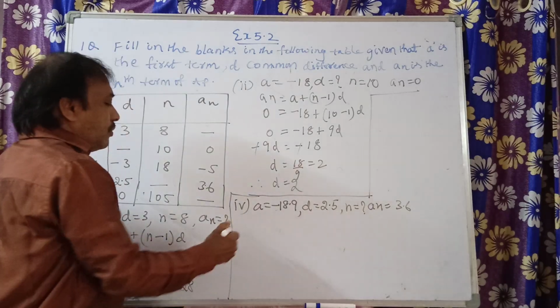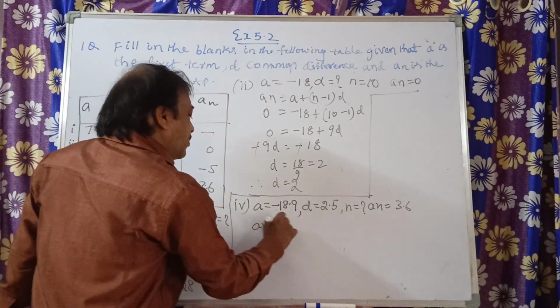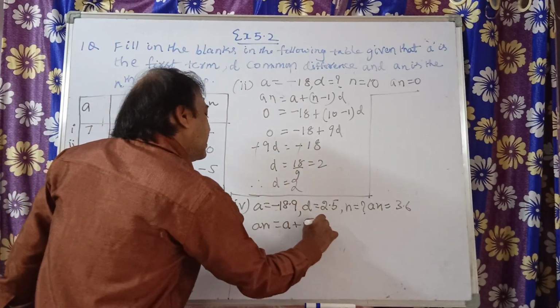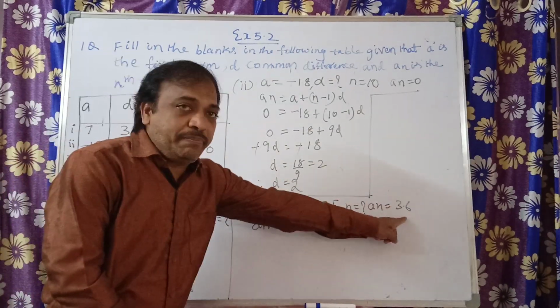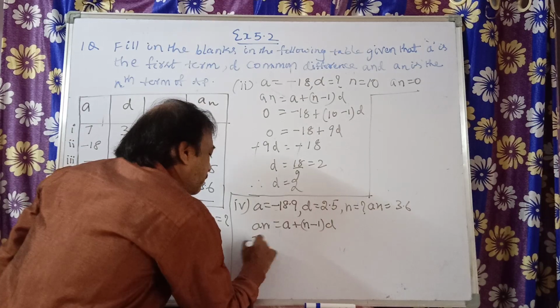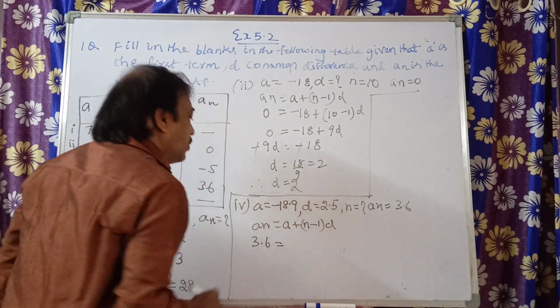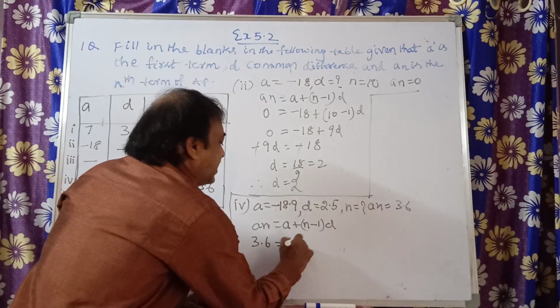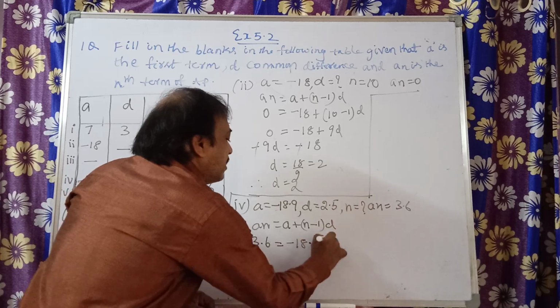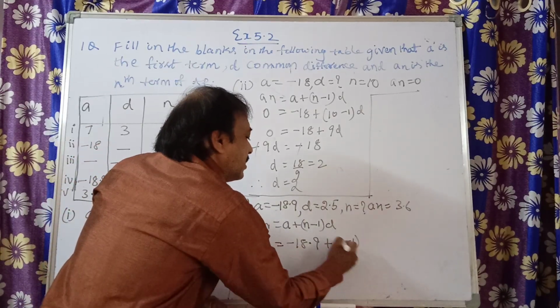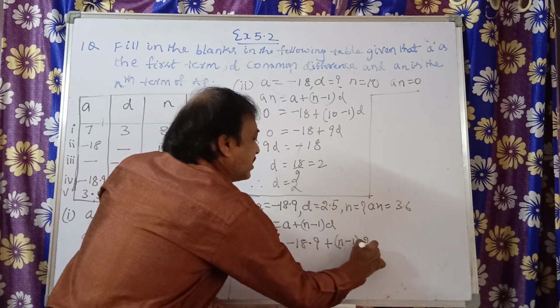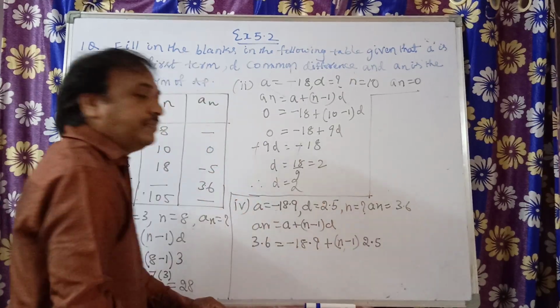You see now, what is the an formula? An is equal to a plus n minus 1 into d. What is the an value? 3.6. So 3.6 is equal to a value we know, minus 18.9, plus n minus 1 into d value, which is 2.5.